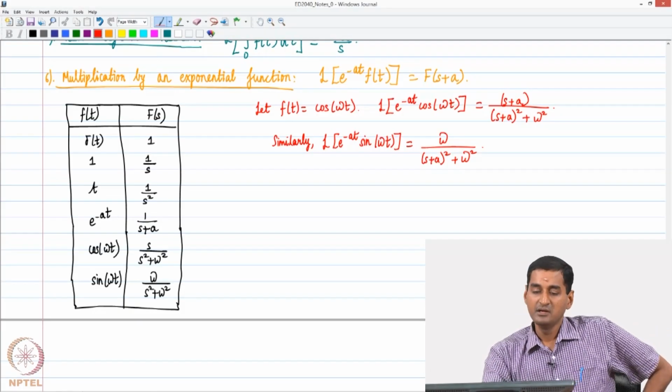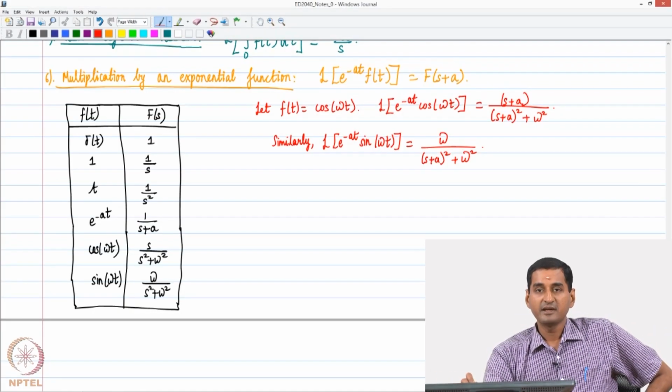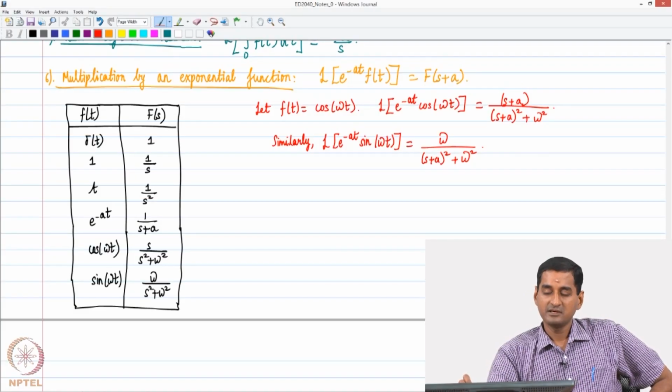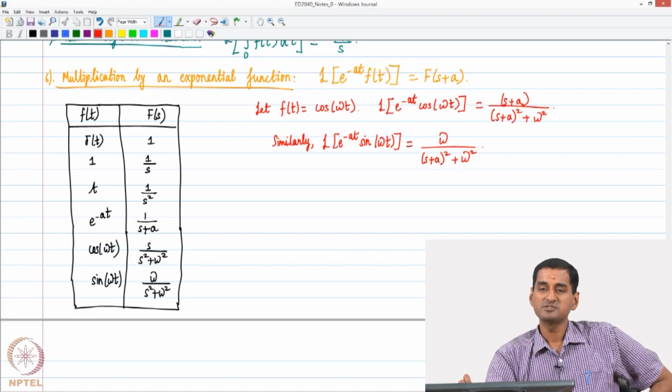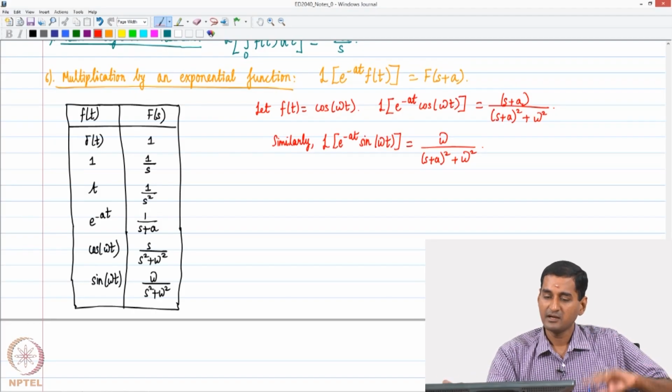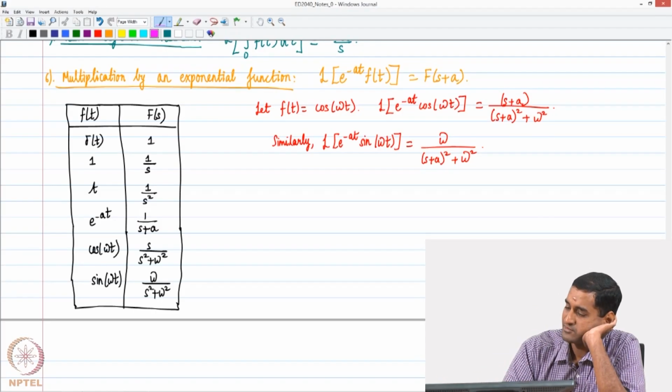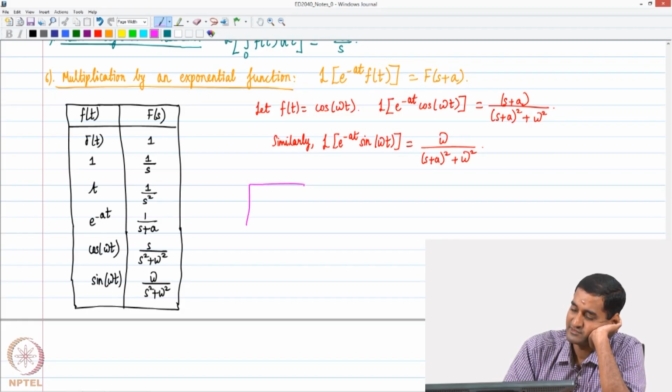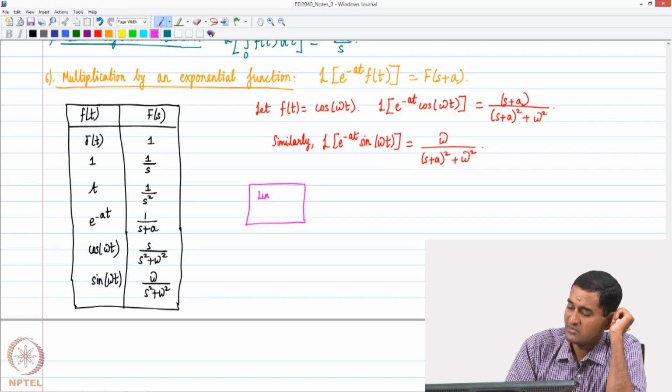Okay. So we will keep on adding to these properties and some more Laplace transforms as we go further in this course. But from a very big picture level, what we are going to do is apply this Laplace transform operator on linear ODEs with constant coefficients.